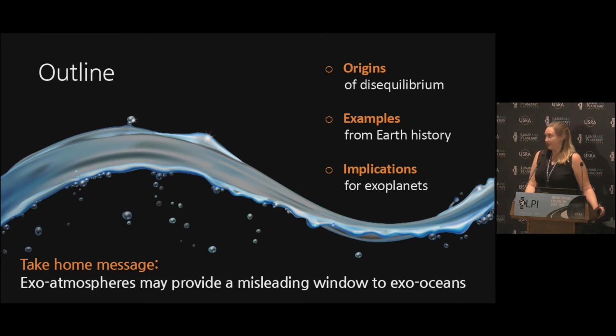And of course, I will do so with an eye towards the implications for exoplanet characterization. And the take-home message here is going to be that in some circumstances, if not many circumstances actually, exoplanet atmospheres may provide a misleading window to exoplanet oceans and the biospheres living within them.